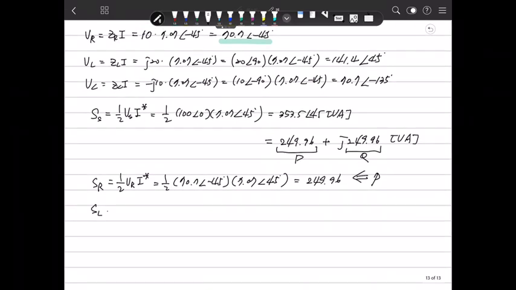And SL, the same approach, is half VL I conjugate.